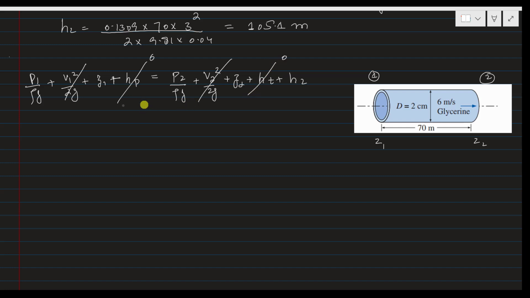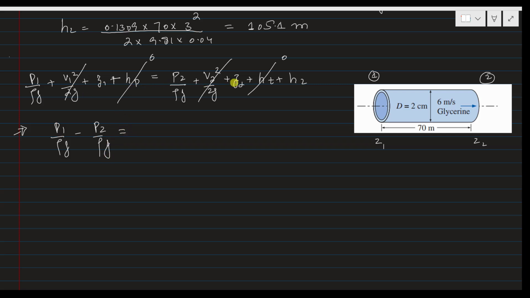Okay, so shift this P2 divided by rho g to that side, and you will get P1 divided by rho g minus P2 divided by rho g.